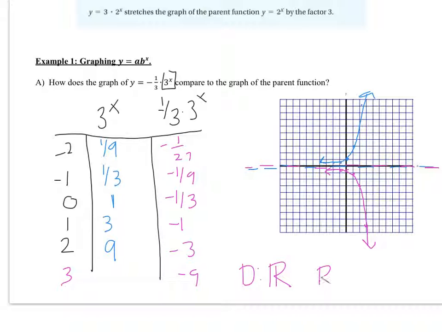My range here, because of that flip, because of that negative out in front, all numbers would have to be less than 0. And that's why we have that asymptote, because there's no number we can plug in to get a positive number because of the negative out in front.